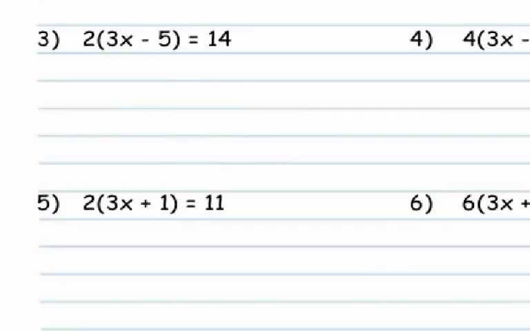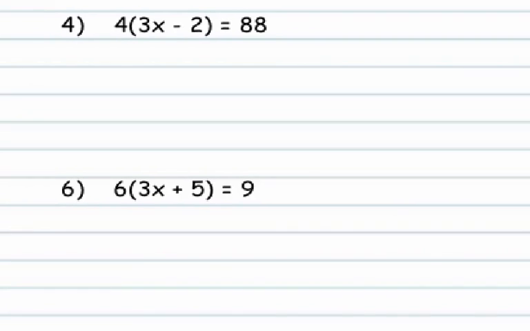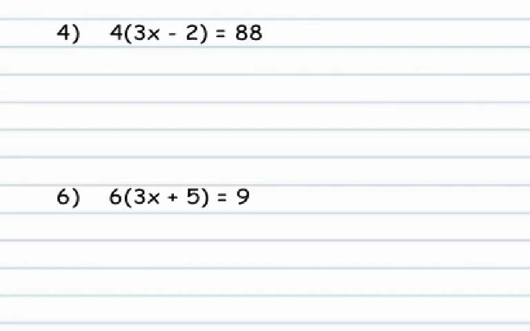Okay, so we're going to move over and do number 4. And we're going to do 4 times 3x and 4 times negative 2. So we're going to get 12x minus 8 equals 88. And then we're going to add 8 to both sides.